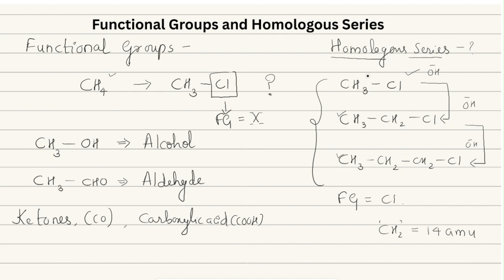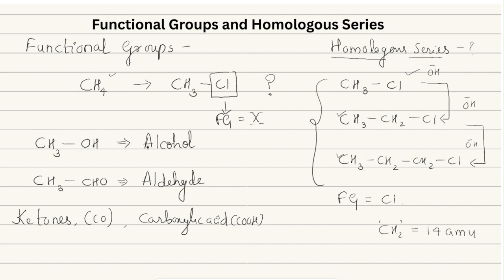So, to sum up, functional groups are the atoms or group of atoms which will determine the properties of that particular molecule. That means we can easily say that molecules with the OH, or alcohols, usually have higher boiling point as compared to alkanes.